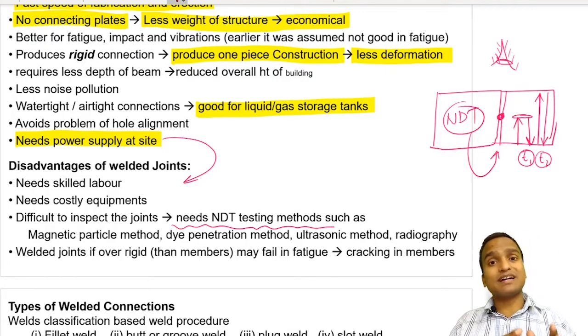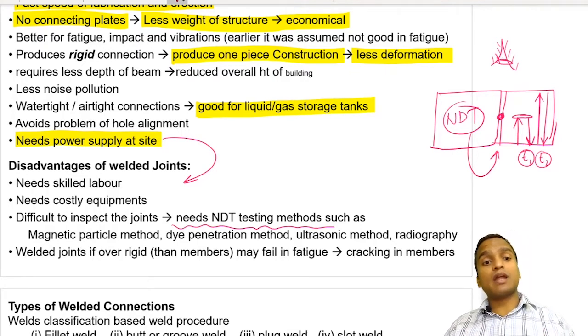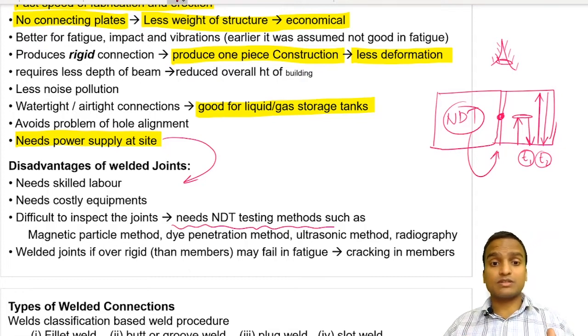But we don't want our structure to be over rigid, because an over rigid structure fails in fatigue, and due to that there is cracking in members. So this is the disadvantage in welded joints: the crack propagation velocity is very high and you can't predict when it happens. So we also use bolted connections in combination with welded connections.